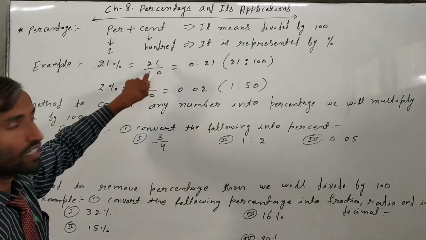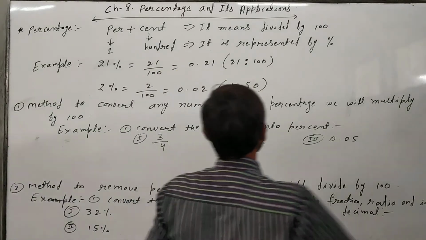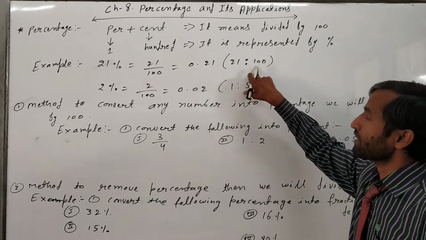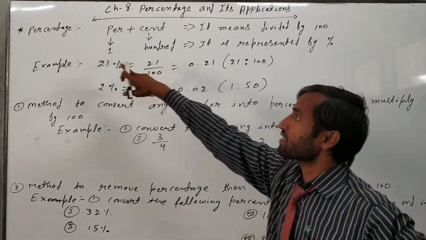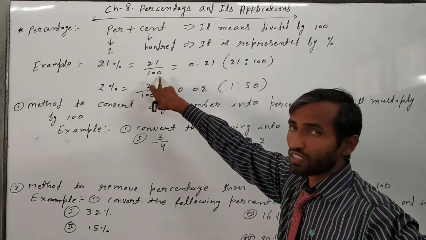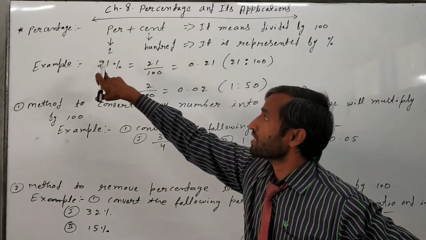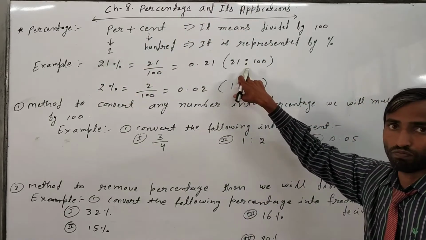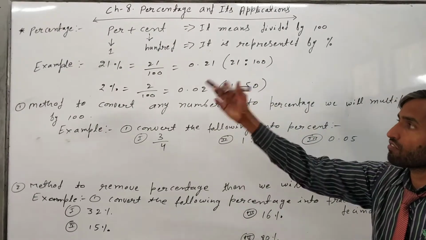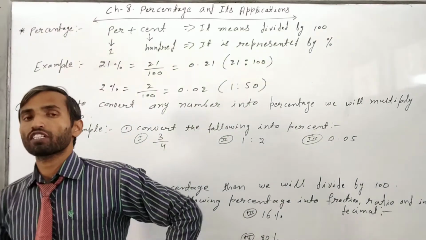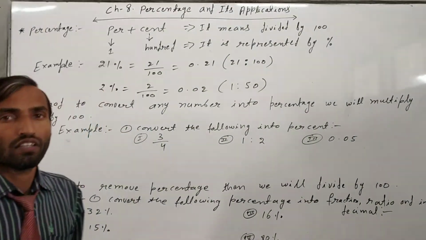or we can represent it as a ratio also. If any cancellation is there, we can cancel out; otherwise, we can say directly 21:100. This percentage is converted into a fraction, into a decimal, and into ratio form, all by dividing by 100 only.